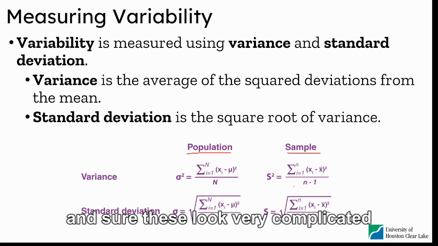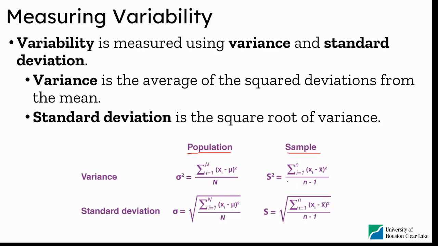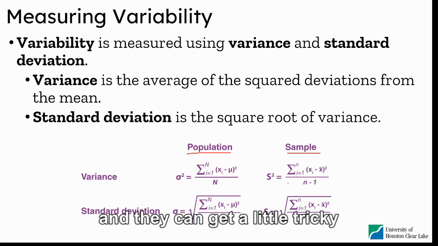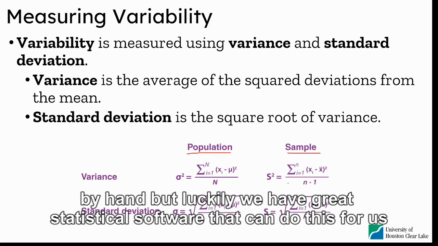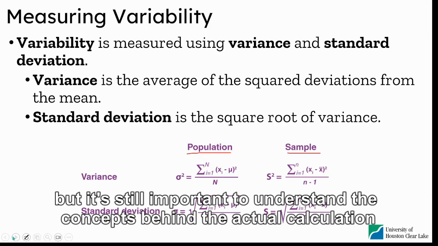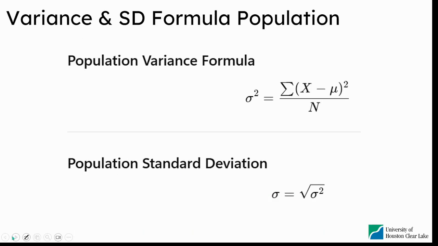And sure, these look very complicated, and they can get a little tricky if you are calculating all of these by hand, but luckily we have great statistical software that can do this for us, but it's still important to understand the concepts behind the actual calculation.